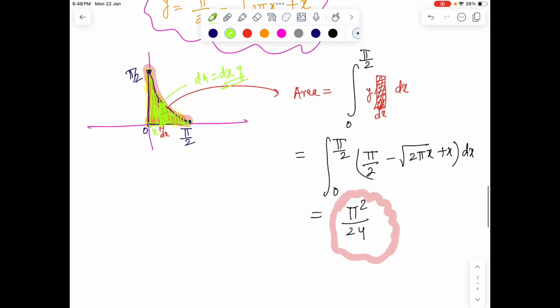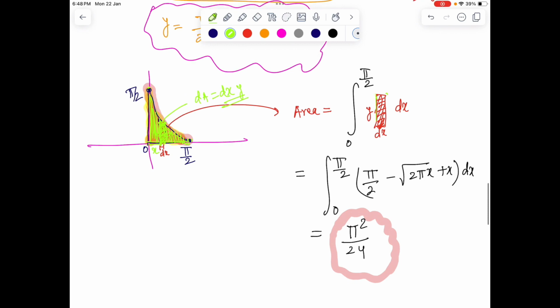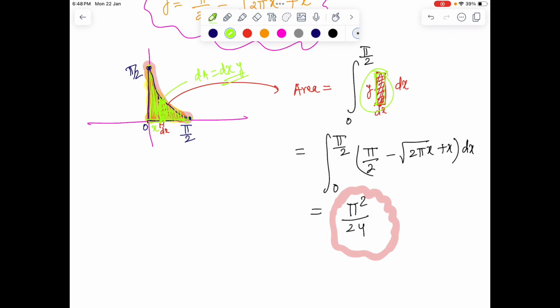So that's how you integrate this. This is your small area, hence the integration will be from 0 to pi by 2 of f(x), which is the rectangular height, and dx is the width.